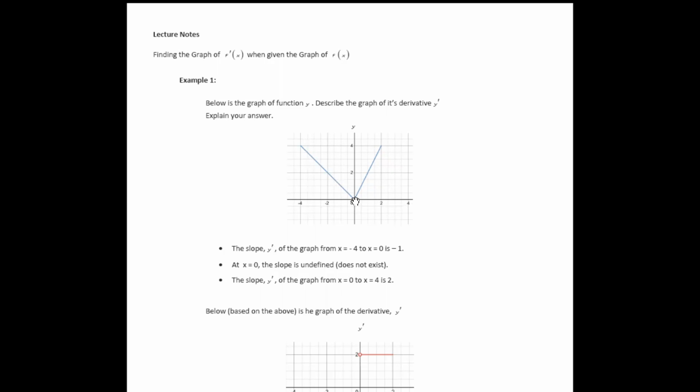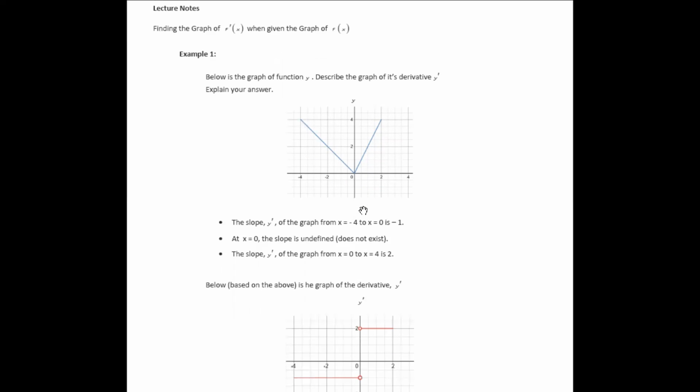Now what we want to do, that's the function's graph, we want to graph the derivative of the function. And remember, derivative is slope. So we just found that the slope of this line right here is -1.